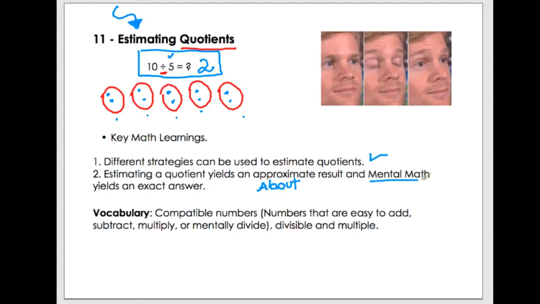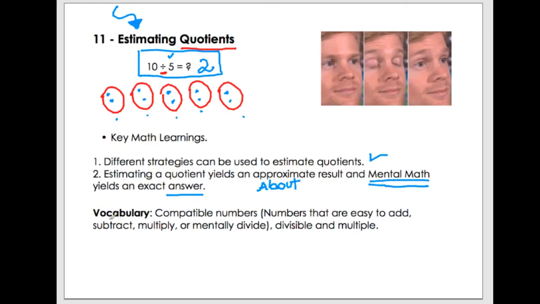And mental math, no. Mental math yields an exact answer. So pay attention to this. I know that the lesson says estimating quotients, but we will also learn one strategy to do mental math to find the exact answer, okay?